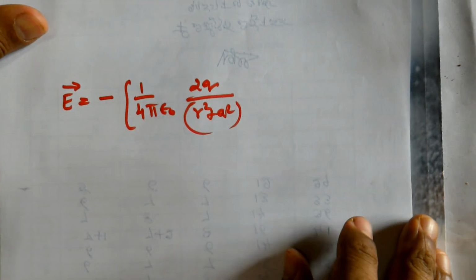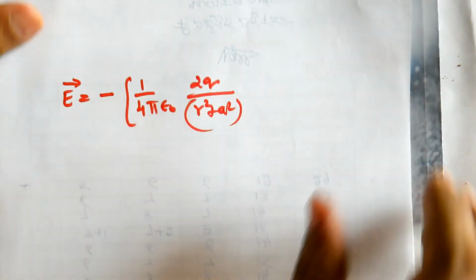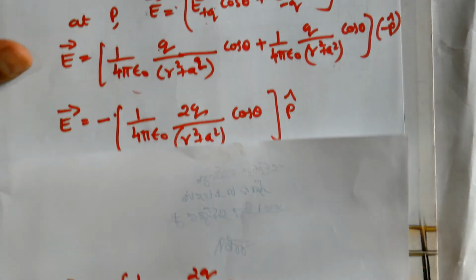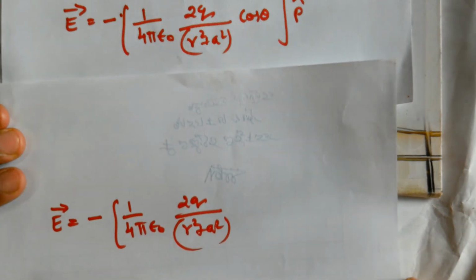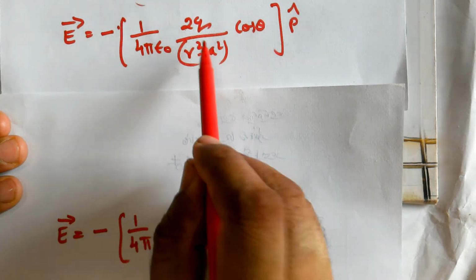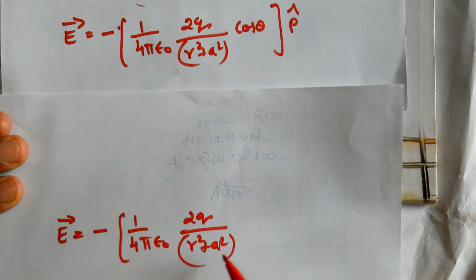Yeah. So electric field E is equal to, I will make it visible, just to write one step. Minus 1 by 4 pi epsilon naught 2q divided by r square plus a square cos theta.